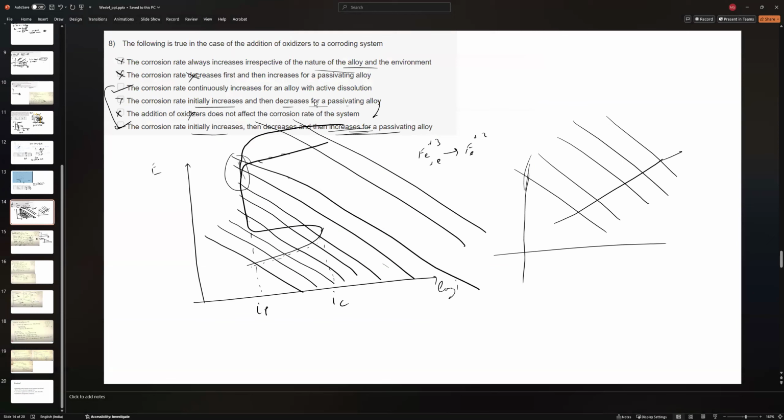The statement is correct. The corrosion rate initially increases and then decreases for a passivating alloy. This behavior is observed in stainless steel. But what if you keep on increasing the oxidizer? I mean, you're talking about concentrated nitric acid, like the examples you took.